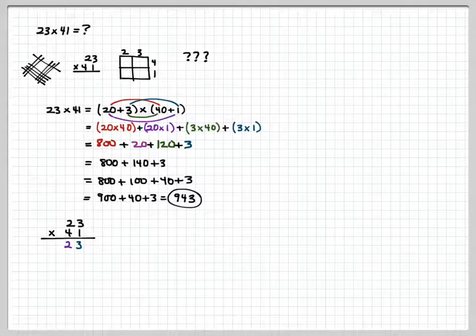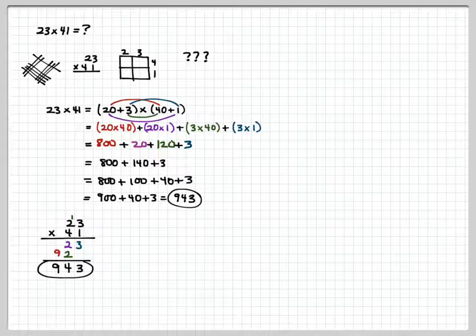Next, I do the 4 times the numbers on the top row. 4 times 3 is 12. I don't write down a 12 because it's a two-digit answer. I only write down the 2 below and I put a 1 up above. That's like so-called carrying the 1. Then I do 4 times 2. 4 times 2 is 8, but because I carried that 1, I have to add that on there and I get 9. Then I add and I get 943.